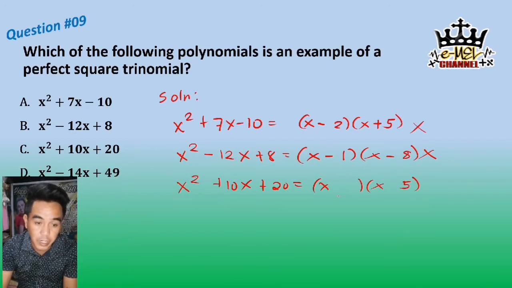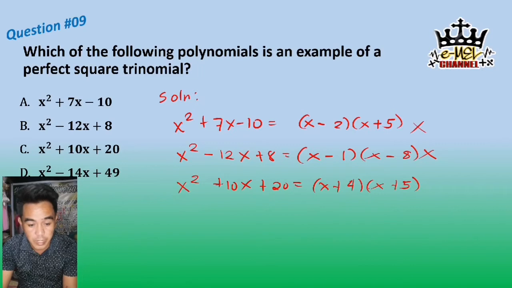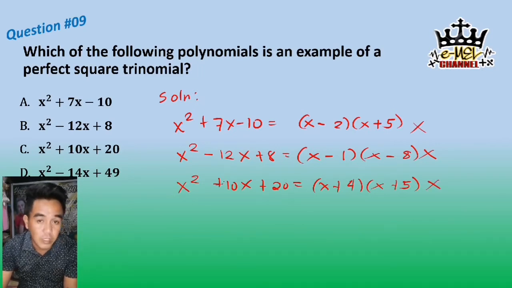It seems that 5 and 4 is closer to 10. So since it's positive and the middle term is positive, take all the positive for this operation. So we know that 4 plus 5 is not 10. It is 9. Therefore, letter C is not a correct option.